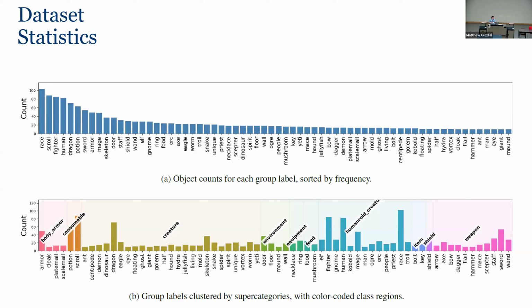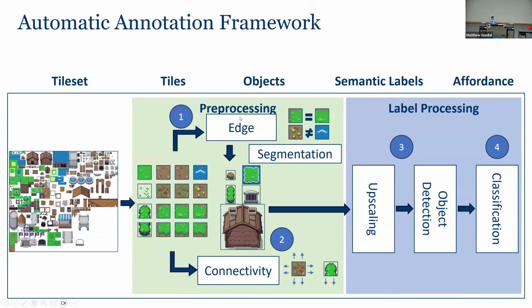The main point here is that the dataset covers a wide range of visual and gameplay relevant categories, not just a few object types. So back to this slide again. Let's put the tasks together into the full annotation pipeline again. Next, I will introduce the details we use for each task.